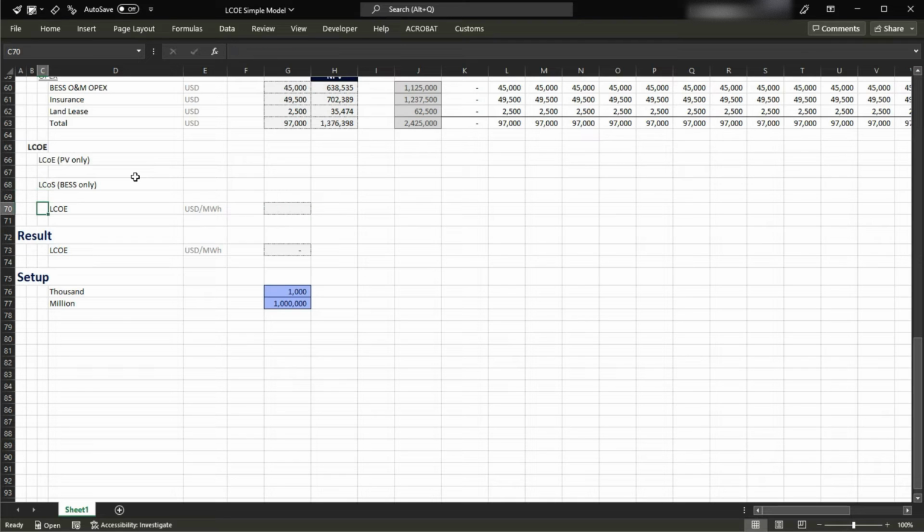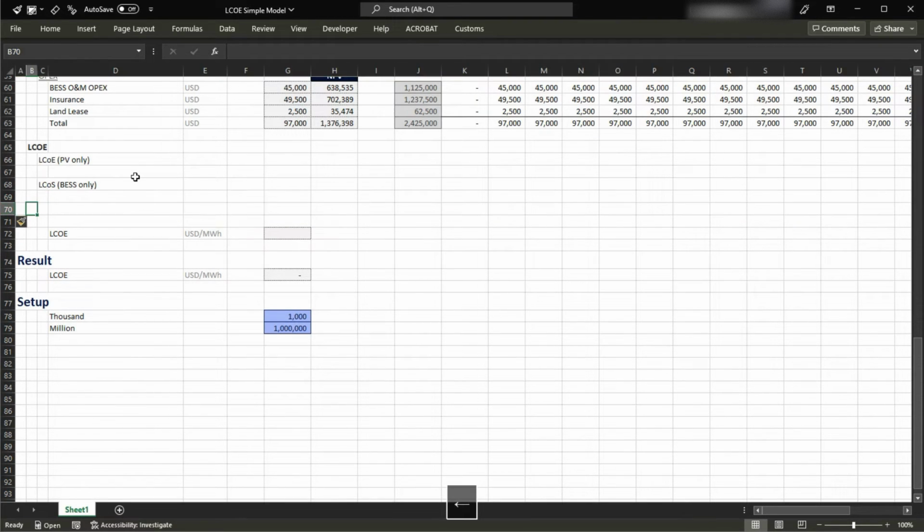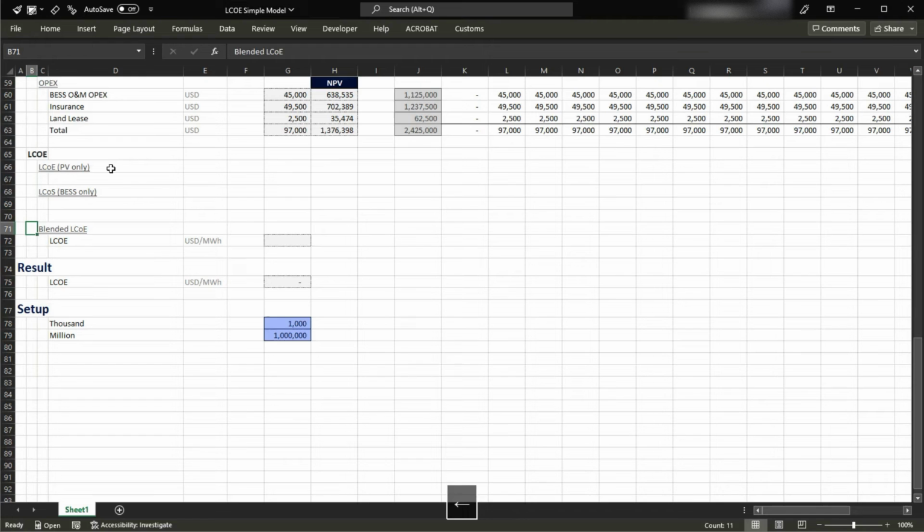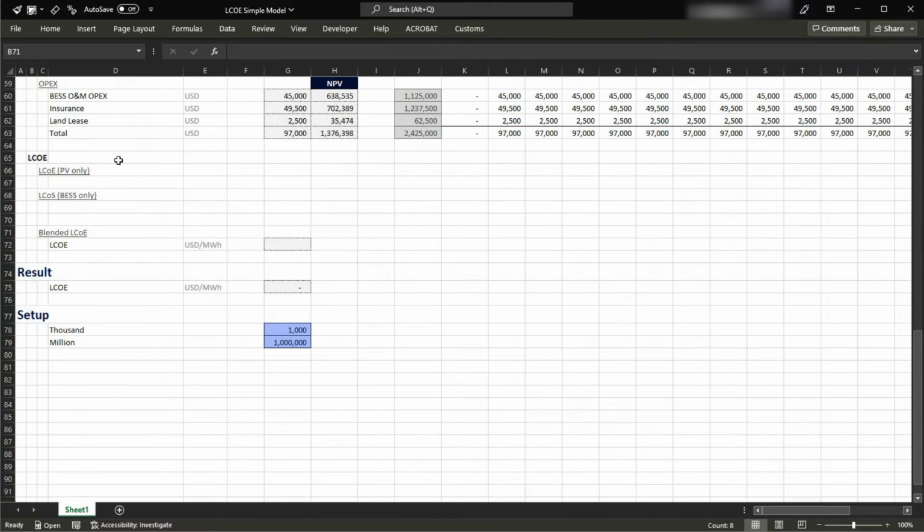Let me add a few more. And then we're going to have the blended LCoE. So all of this here is going to be heading 3, and I'm going to set all the column for heading 2, so we make everything correct.